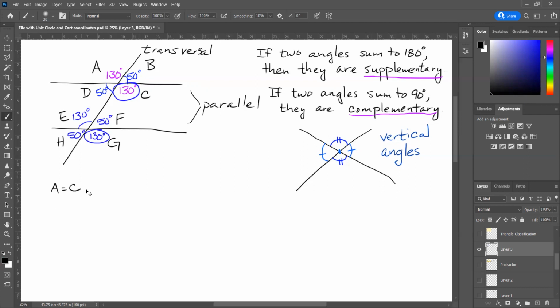I can just put that A equals C equals E equals G. Those are all equal to each other. But notice A equals C because they're vertical angles. E equals G because they are vertical angles.